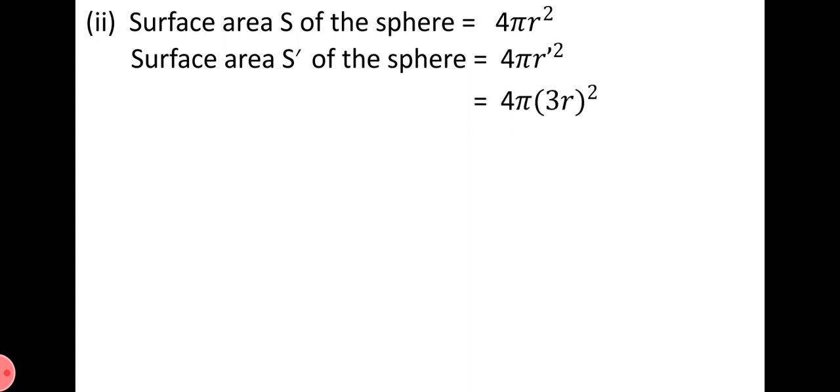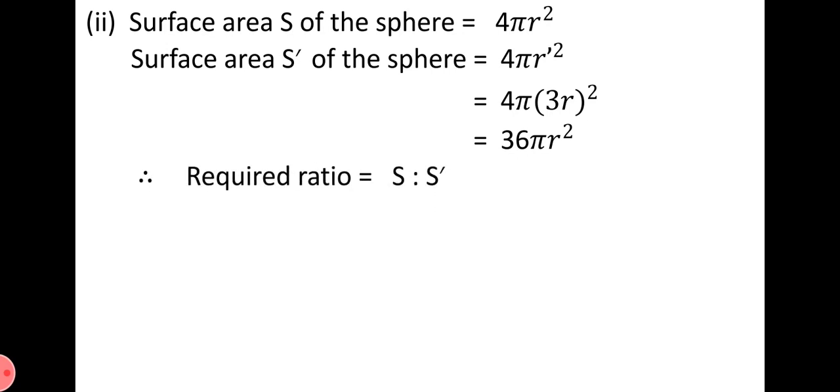That is equal to 4 pi into 3r whole square, because we have seen that r dash is 3 times the radius of the original sphere. So on solving, 3 threes are 9 r square, and 9 fours are 36, so we get 36 pi r square. This is the surface area of the new sphere.